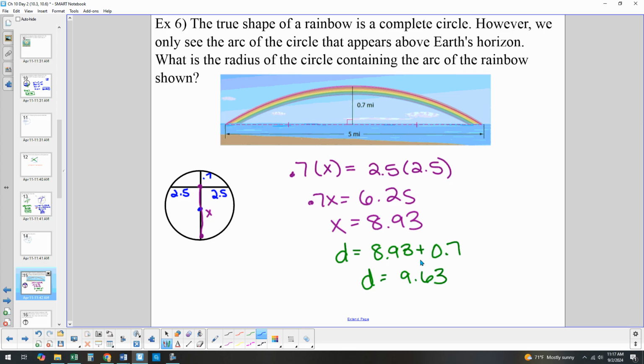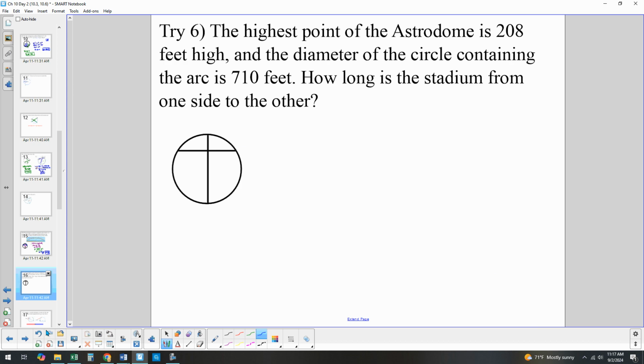So if I cut this in half, we get 4.81. And there were units in this problem, they were miles. For try 6, you're going to draw the same kind of picture. Pause. Answers are posted online.